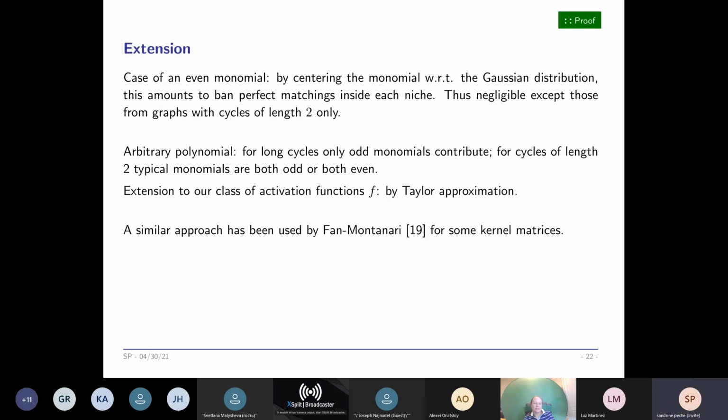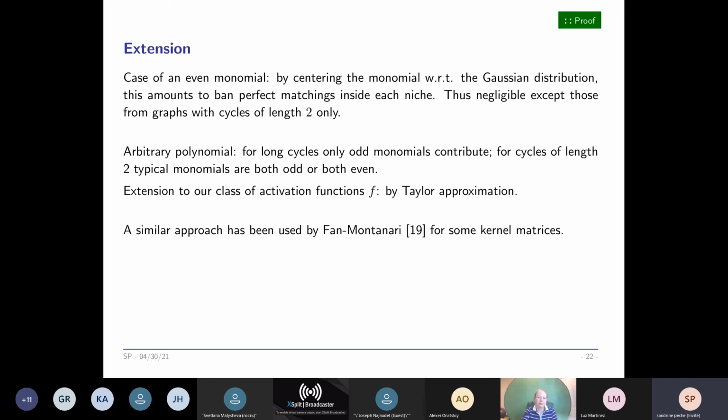Okay, I'm pretty late, so in a word, if the monomial is even, there is simply this fact that we have centered the function f with respect to the Gaussian distribution. So this amounts to banning perfect matchings inside each niche.